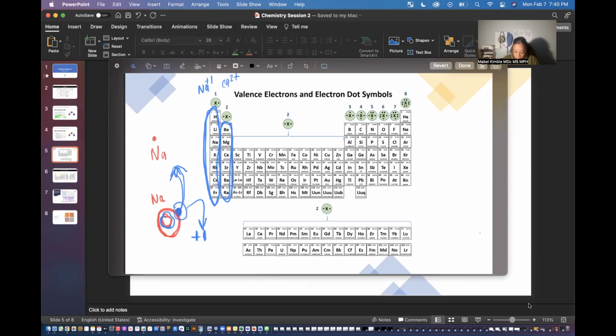That's because it's giving away those 2 electrons to make sure they reach the stability of the orbital below. So these are essentially like people that have enough money and are willing to give it away, right?